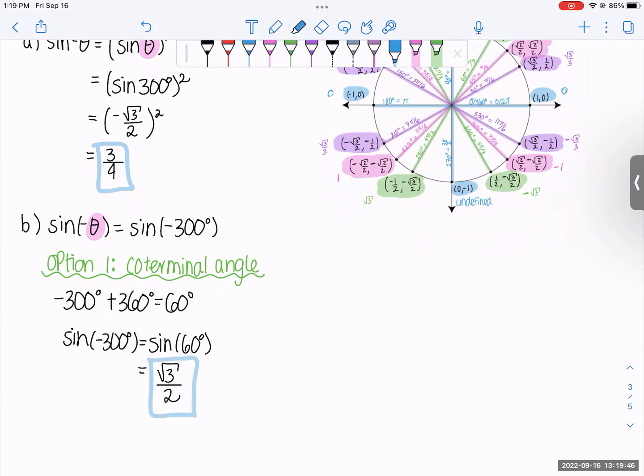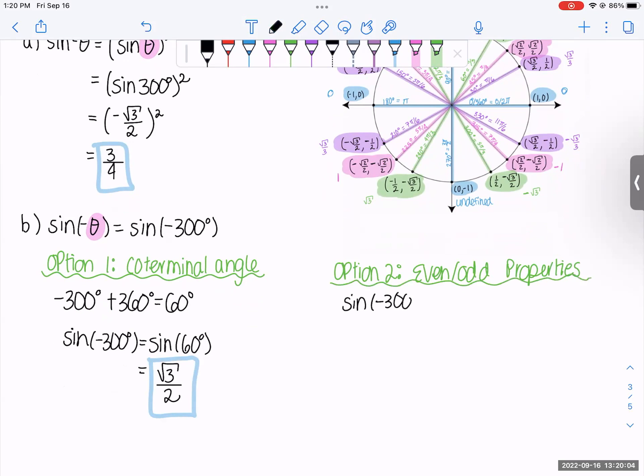Option 2 is to use our even and odd properties. So we're looking to find sine of negative 300 degrees. And maybe we don't want that negative on the inside. Maybe I don't want to make a coterminal angle.